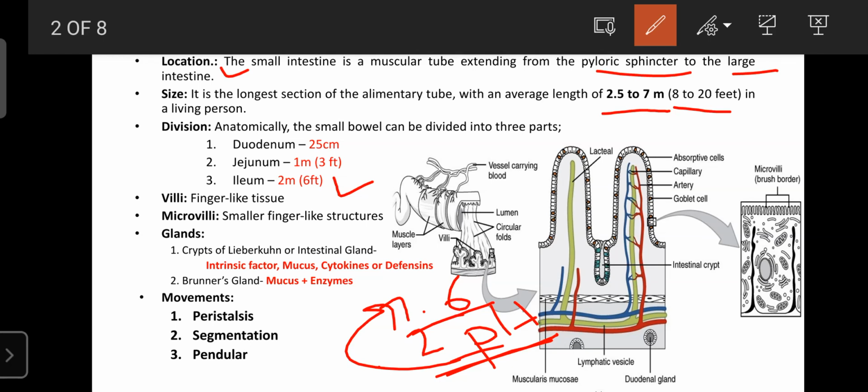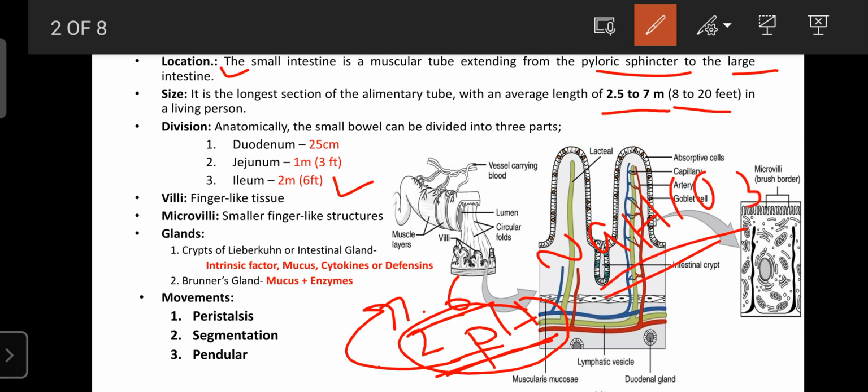Because, dear students, the duodenum receives secretions from the pancreatic gland. When the food enters the duodenum, it is highly acidic due to the acidic pH of the stomach. But when the food enters the duodenum, immediately the pancreatic gland gets the signal from cholecystokinin and secretes its secretions, which are rich in sodium bicarbonate.